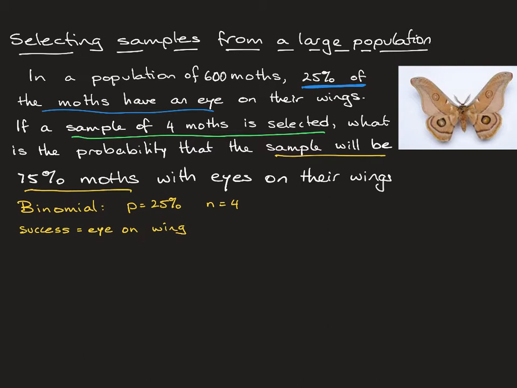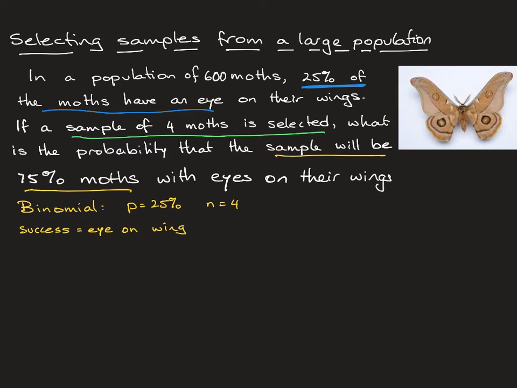So we could go through this question using just binomial and the fact that if our sample of 4 has 75% of those 4 as moths with eyes, then we're talking really about what's the probability that within those 4 moths, 3 have an eye.